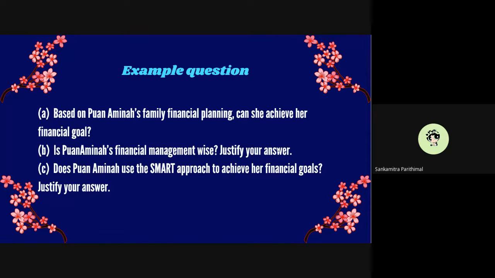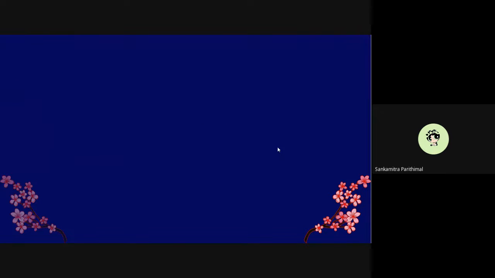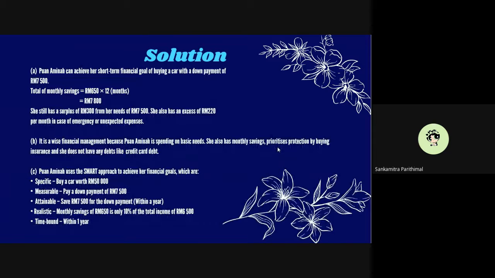Okay. Question 1. Based on Puan Amina's family financial planning, can she achieve her financial goal? The answer is yes. Puan Amina can achieve her short-term financial goal of buying a car with a down payment of 7,500 ringgit. What we have to do is calculate the total monthly saving.